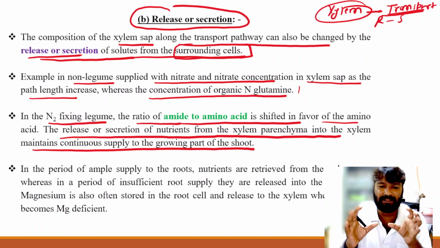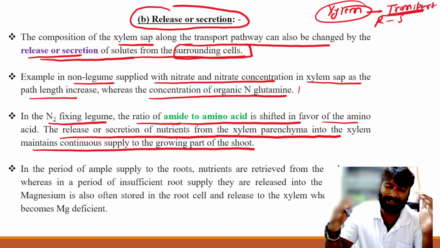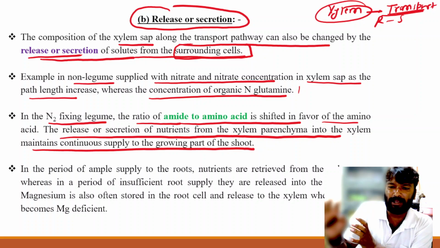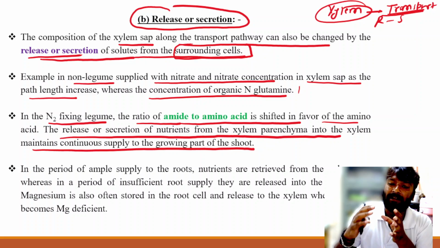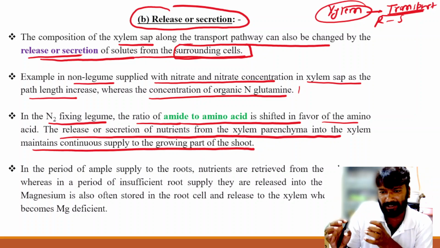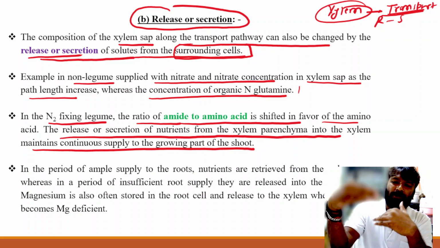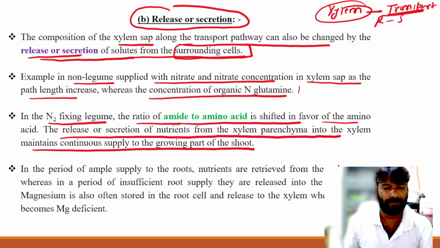So what happens in these legume crops? There will be an increase in amide to amino acids, and they can release or secrete these amides and amino acids when needed. So there will be a continuous supply of nitrogen in the nitrogen fixing legumes.